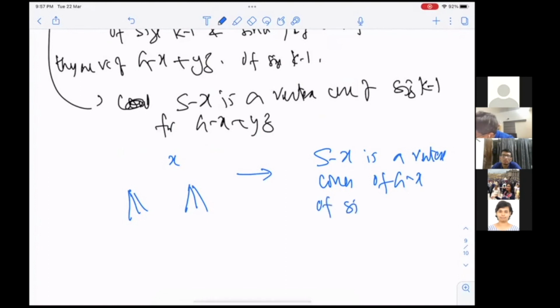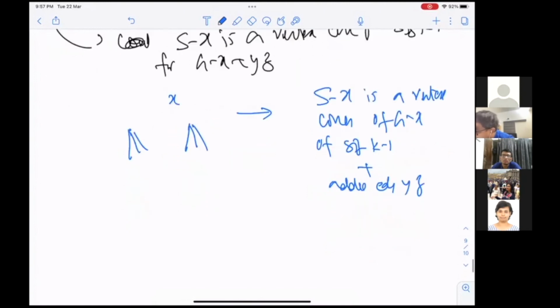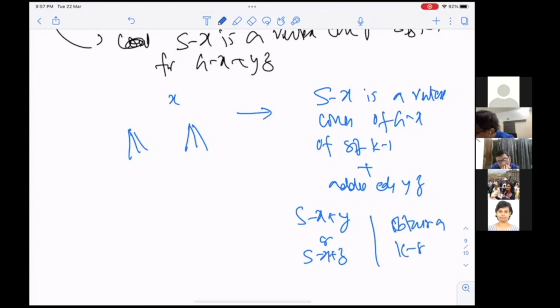Now, what did we add? Added edge YZ, right? And to cover YZ, she can take S minus X plus Y or S minus X plus Z and obtain a K-sized vertex cover of G minus X plus edge YZ.